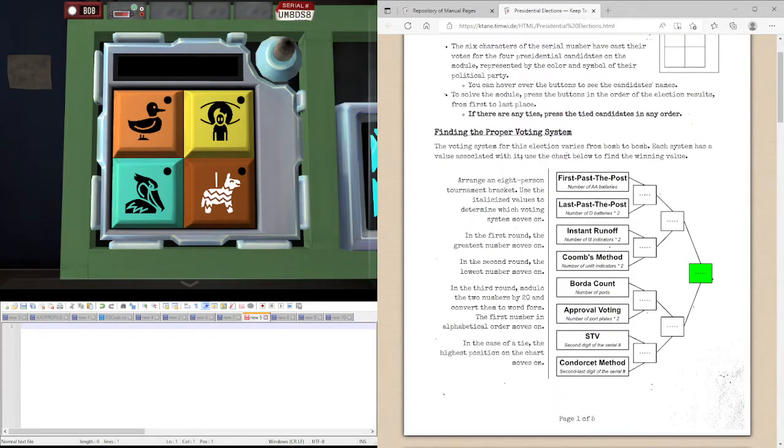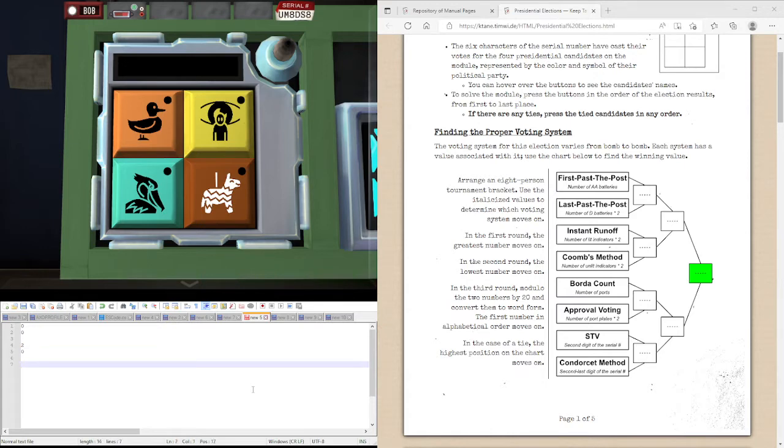So anyway, let's fill in these numbers. The first two, and then the second two, the third two, and the fourth two are going to go up against each other. So we have number of AA batteries, which is none. Twice the amount of D batteries, which is also none. We have number of lit indicators times 2, which is 2, and the unlit is 0.